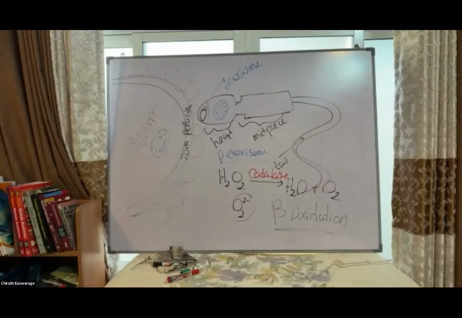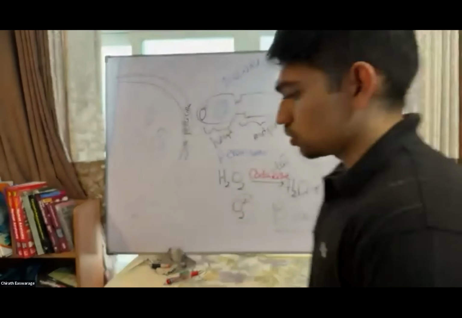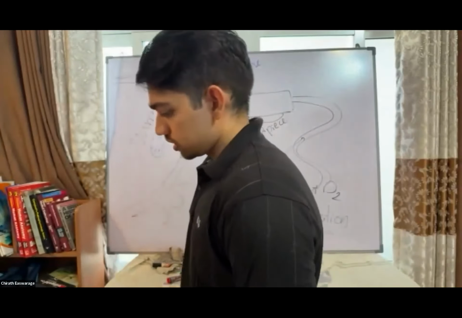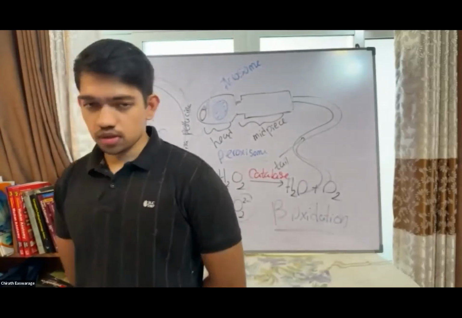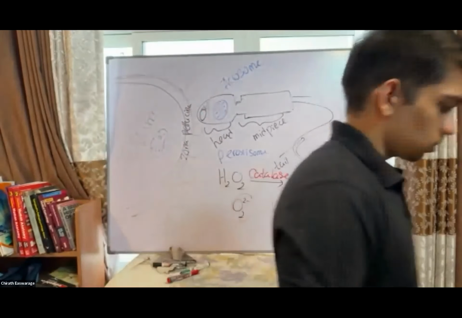Peroxisomes are found in both animal and plant cells. But glyoxysomes, the word is in your resource.